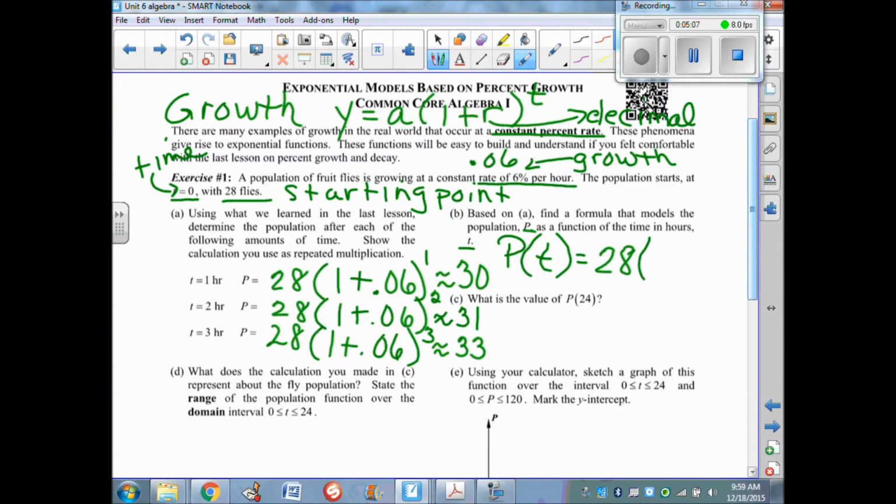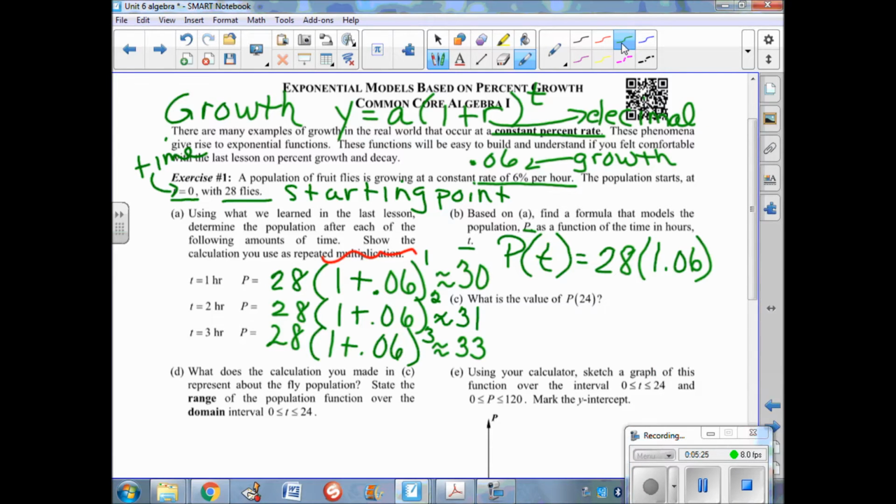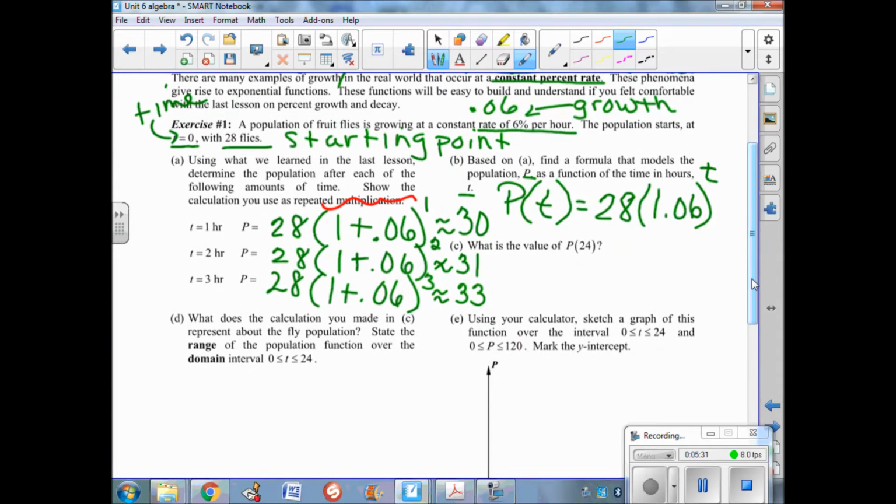And then what was our growth? It was 1.06. Now some of you might be saying, where did you come up with that 1.06? Well, I just simplified that in parentheses. And that's raised to our time t. So in general, we could find our fruit fly population at any time.